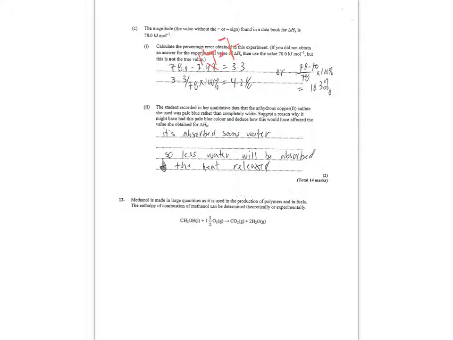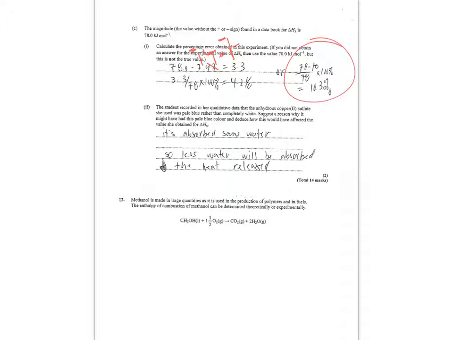Maybe a little better there. That's where I came up with 3.3 as the difference. Divided by the expected 78 gives me 4.2%. Or if you didn't have a value to use, they told you to go ahead and use 70, in which case you'd come up with a percent error of 10.3%.